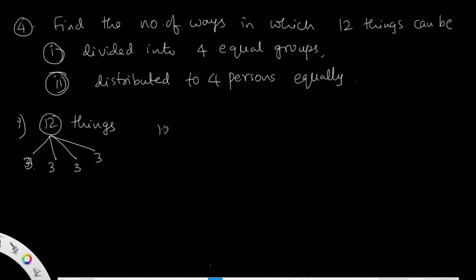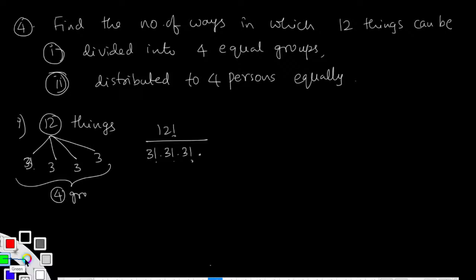So this can be done in 12 factorial by 3 factorial into 3 factorial into 3 factorial into 3 factorial, into groups of equal size. How many groups are there? Totally 4 groups are there. So divide by the number of groups, that is 4 factorial. Then it is correct. Okay, this is for the first one.